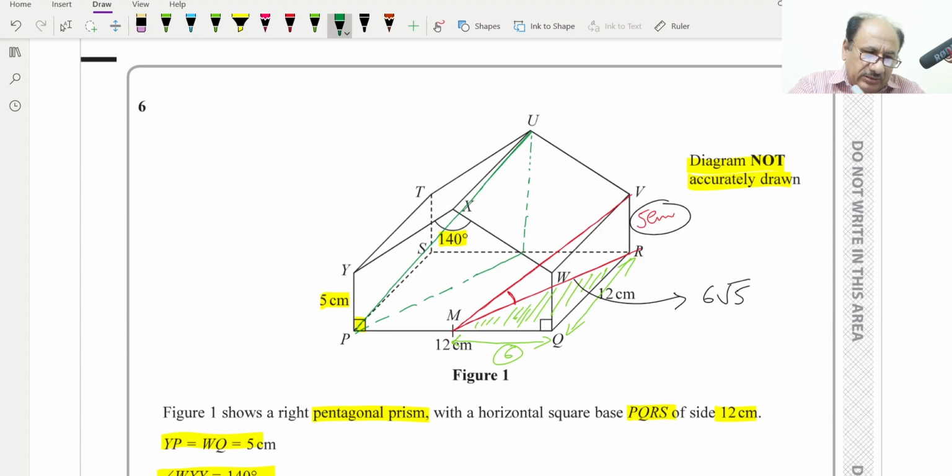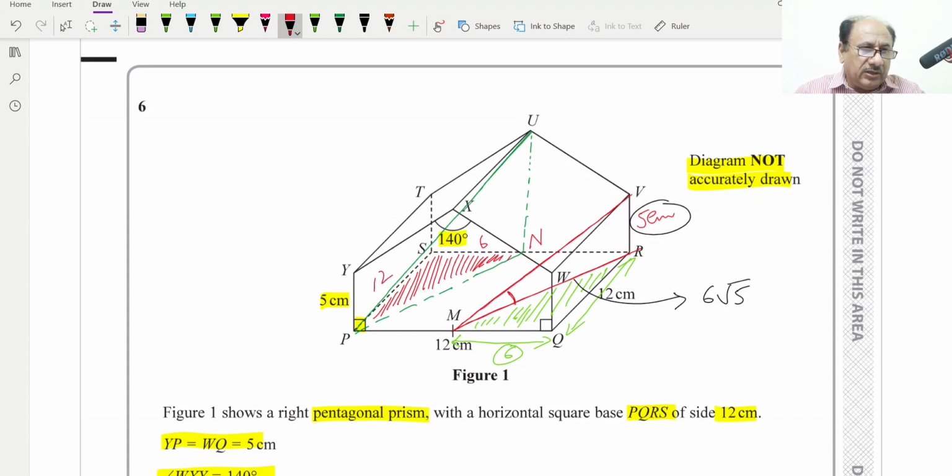First we will consider this triangle to find the hypotenuse of this triangle. For example, if this point we are marking as N, so PN will be found, where SN will be 6, and this side will be 12.